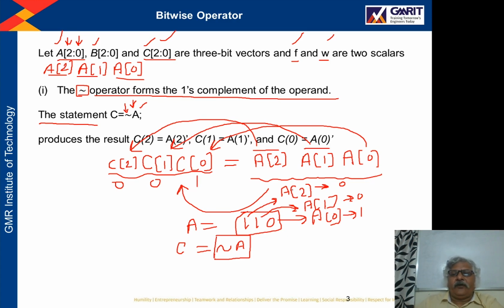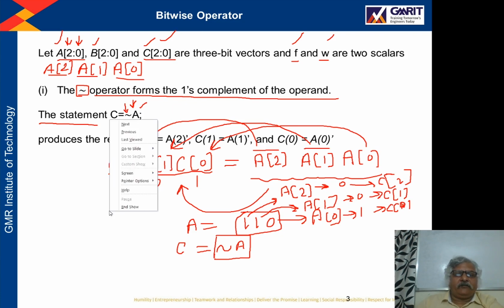Because A2's complement will be assigned to C2, A1's complement, which is 0, will be assigned to C1, and A0's complement, which is 1, is assigned to C0, right? In this way, this operator will perform the operation.